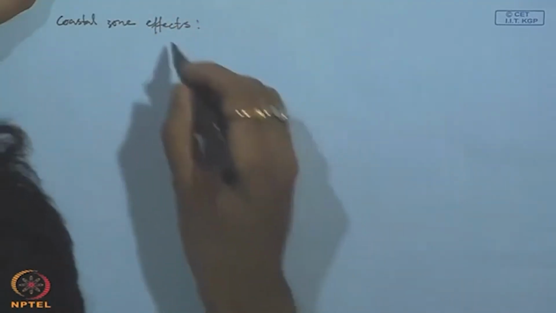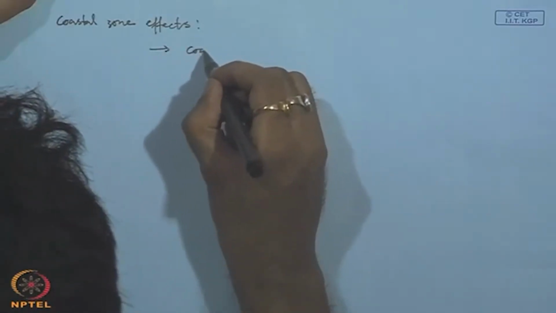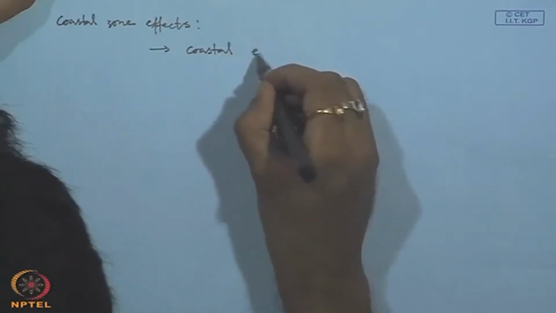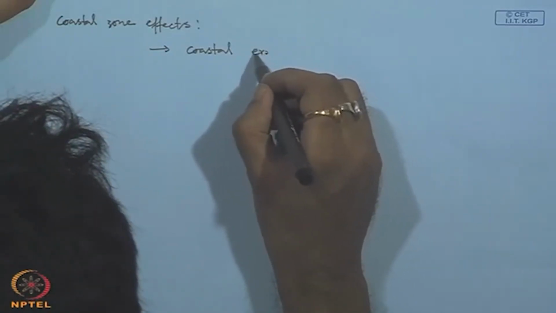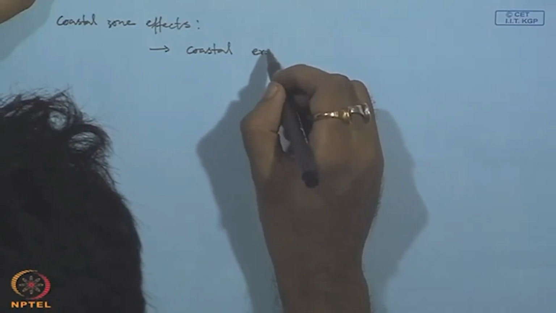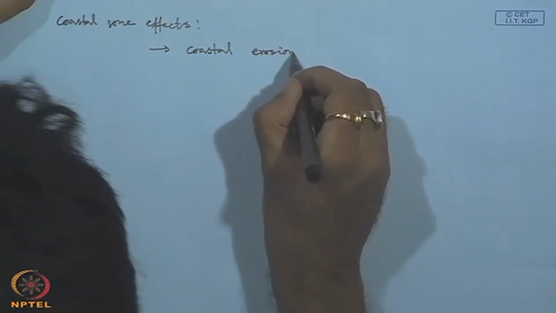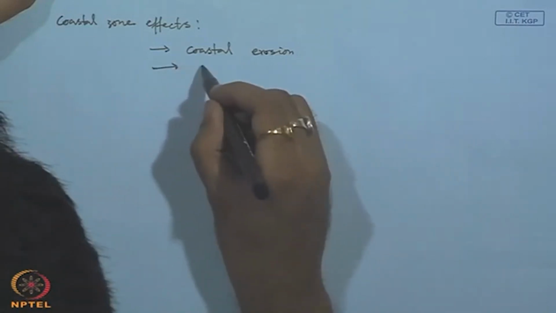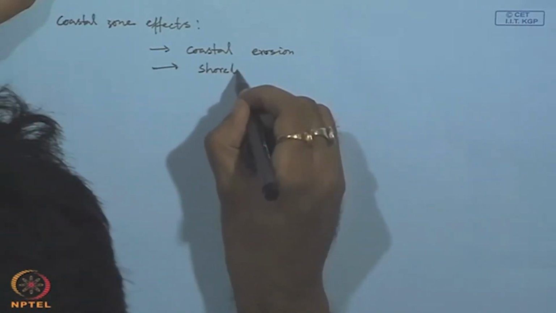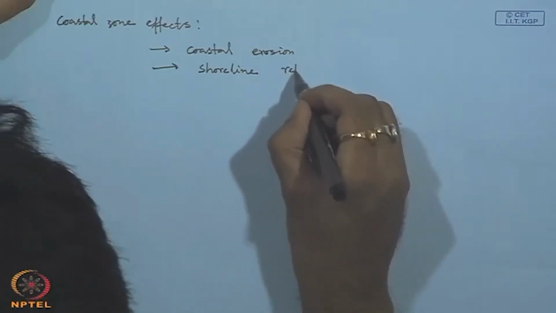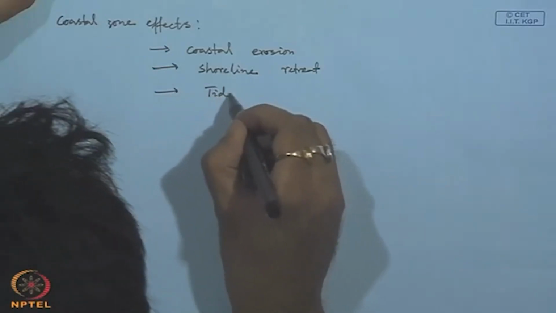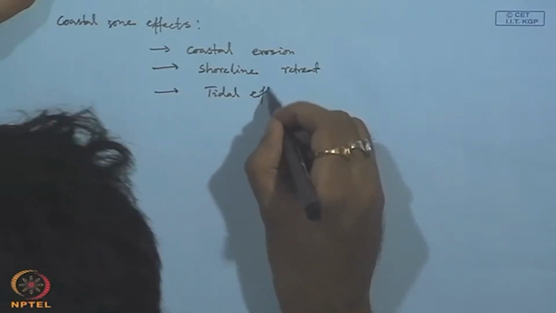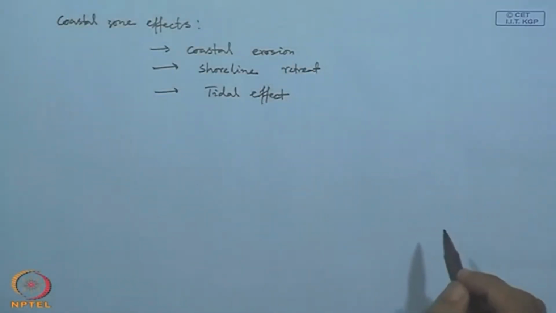In coastal zone effects, we have coastal erosion process, next is shoreline retreat and tidal effect. What is this coastal erosion?